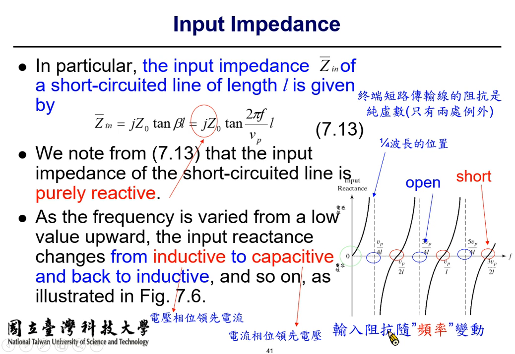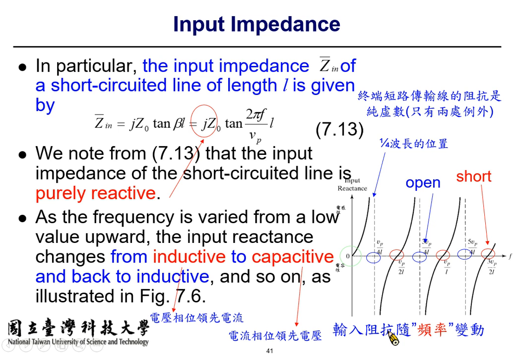You only need to adjust the length of the short-terminated transmission line to create any reactance. You can have positive ones, the inductive reactance, and you can have negative ones, and refer to them as capacitive.